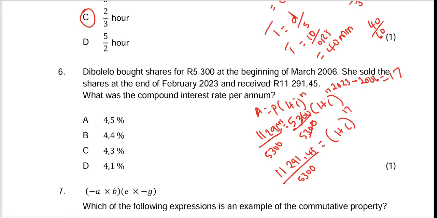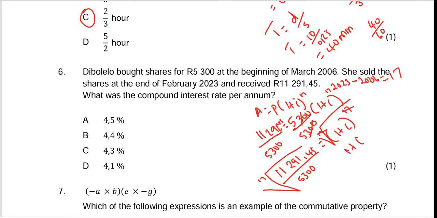What I'm going to do here, I'm going to take the root of both sides, by the 17th root, in order to get rid of this 17. Now we take the root of both sides by the 17th root, and then the 17th root and exponent of 17 will cancel.